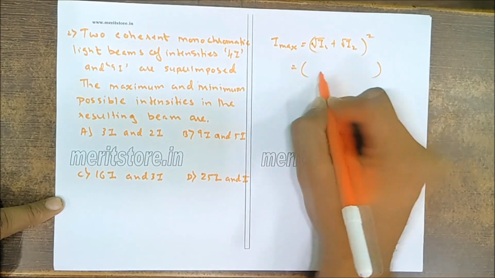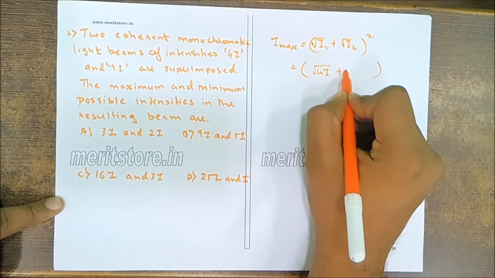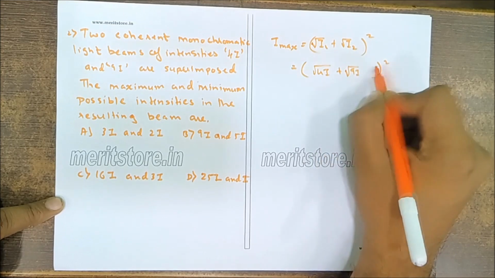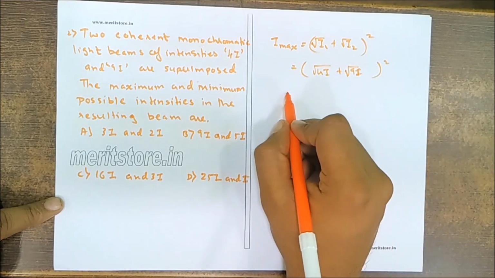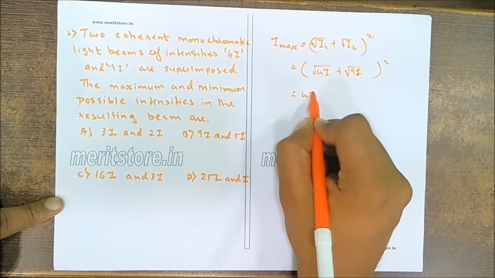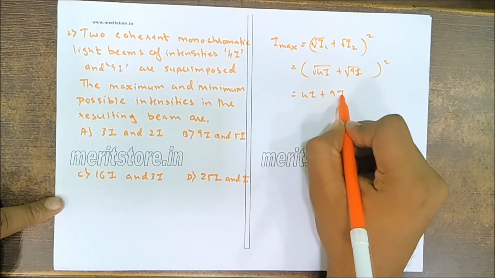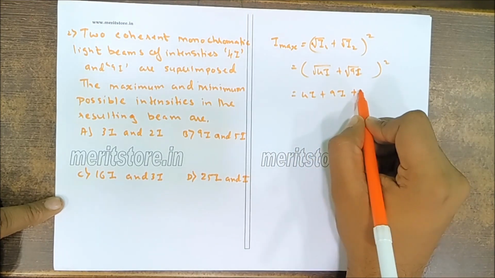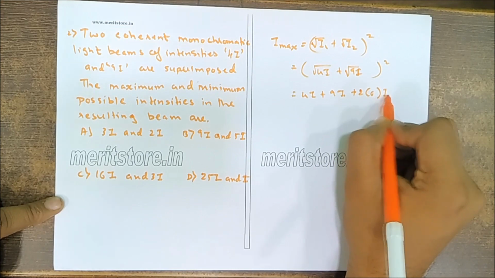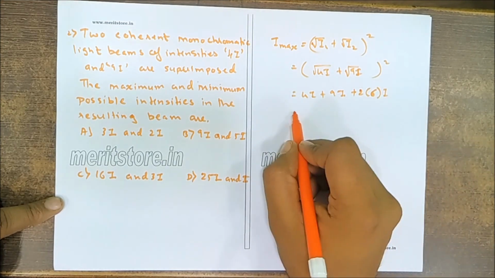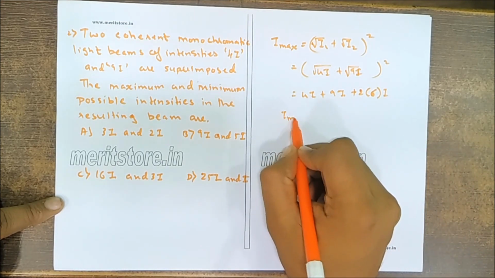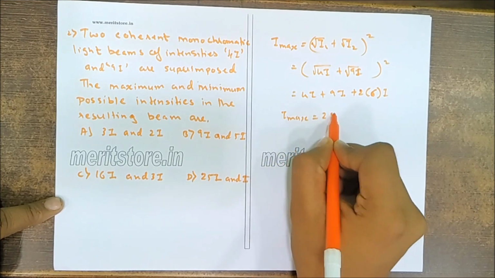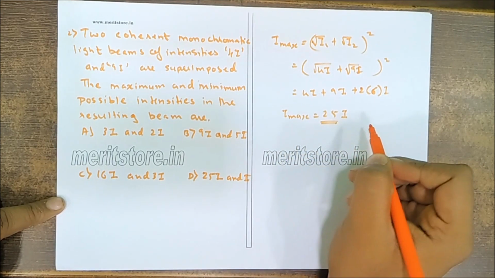So this is under root of 4I plus under root of 9I the whole square. So this is 4I plus 9I plus 2 into 6I. So that is I max is equal to 25I.